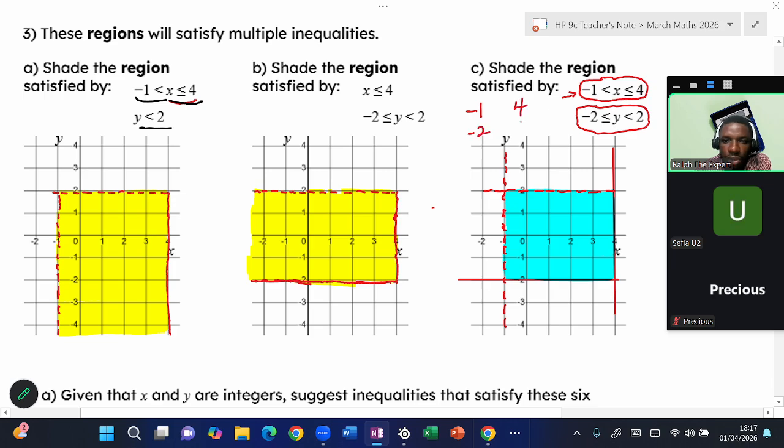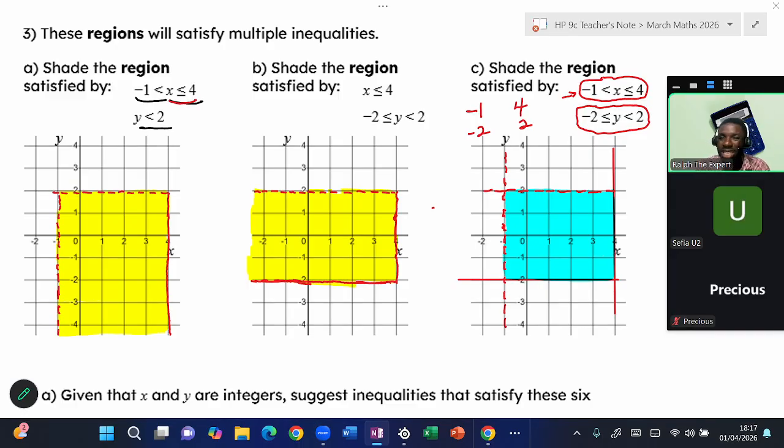You first mark it as equal to on the graph, instead of less than, greater than, or less than or equal to, because it's the region you are shading that will tell whether it's less than or greater than. The kind of line you use tells you whether that number is included or excluded.